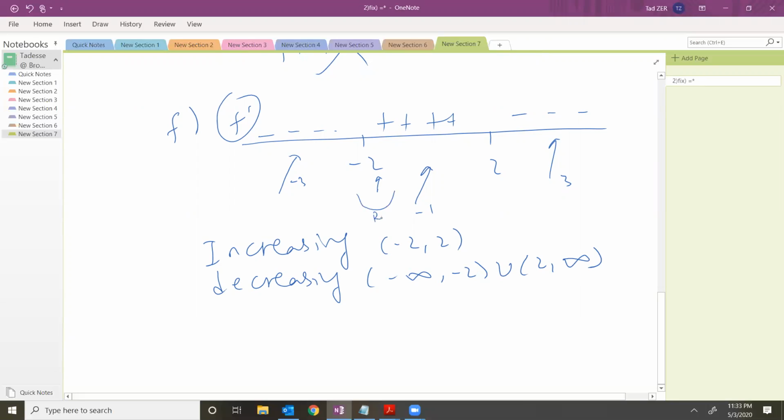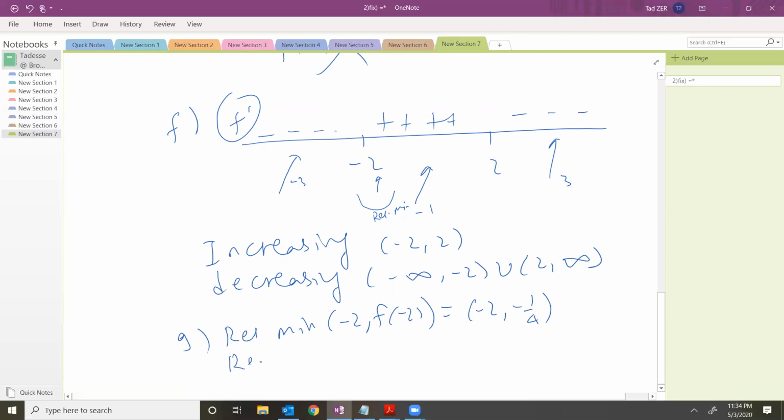So this is a relative minimum. So we have a relative minimum at -2, and the value is f of -2. If you evaluate that, it should give you -1/4.